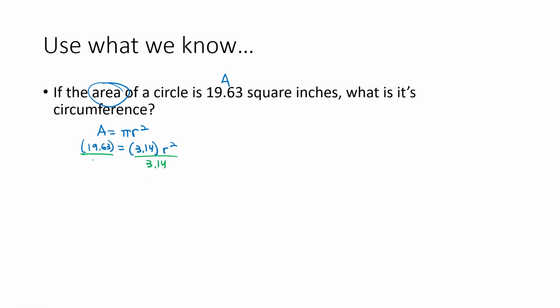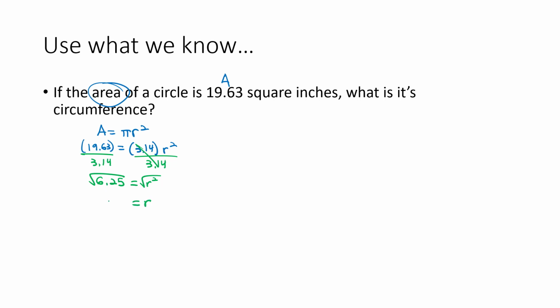But we can solve this equation quite quickly. Divide both sides by 3.14. And the radius squared is equal to 19.63 divided by 3.14 on the calculator is 6.25. The opposite of square is to take a square root. So we're going to take the square root of 6.25 on my calculator.